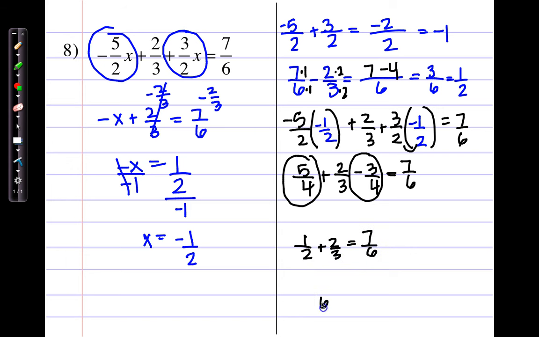Here, my lowest common denominator is going to be a 6, so I'm going to multiply by 3 here, leaving me with 3. Multiply by 2 here, leaving me with plus 4 equals 7/6. I'm running out of space, so I'm just going to write it right here. I'm left with 7/6 equals 7/6, so that means my answer is correct.